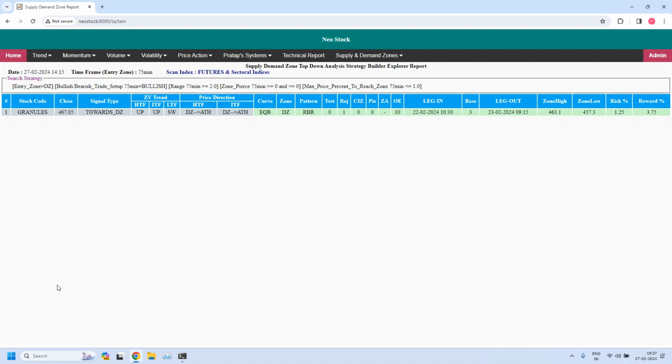The only thing you need to check is the quality of the zone. How do you check? By fine-tuning the zone. You already learned the technique in lesson 16. Inside 75, look at 15 minutes. Inside 15 minutes, look for a fresh 5-minute zone. That way you can be sure of that particular zone.